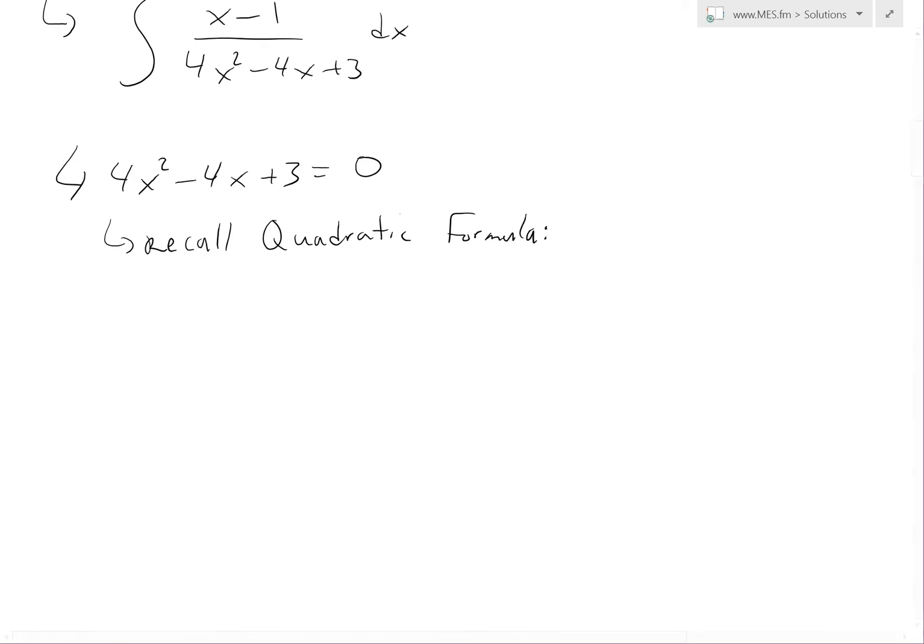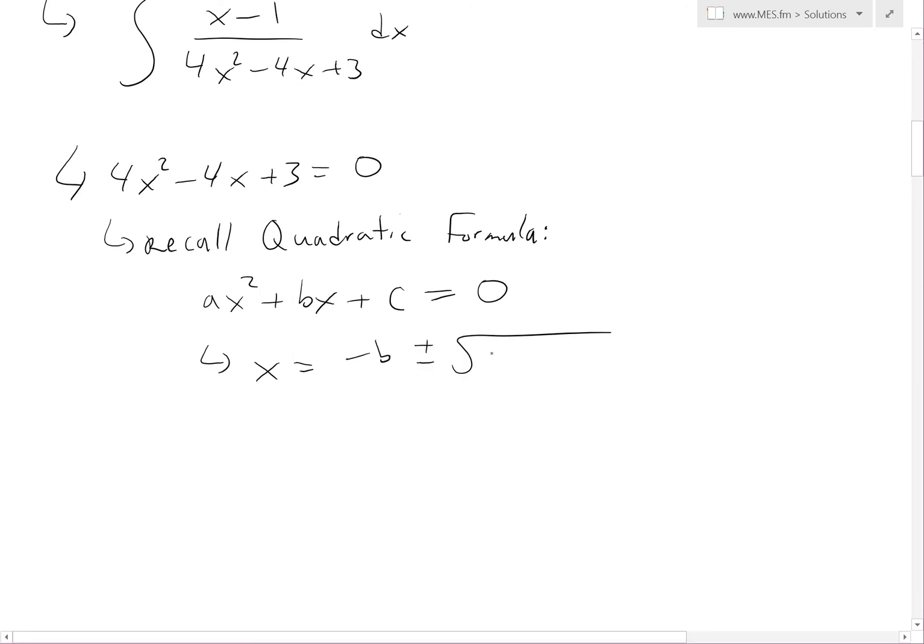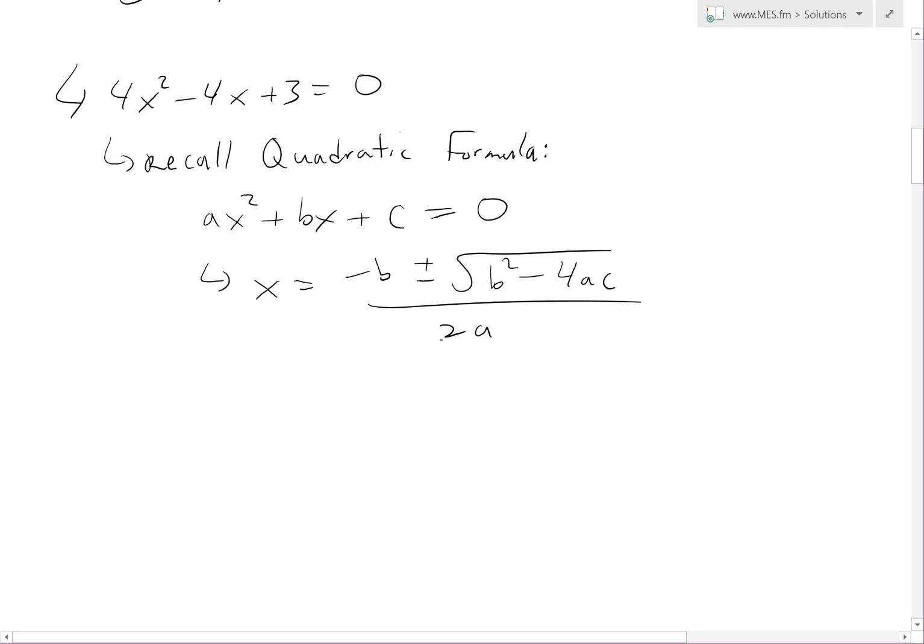If you have ax squared plus bx plus c equals 0, then the roots are x equals negative b plus or minus the square root of b squared minus 4ac, all divided by 2a. So these are the roots, and to be able to factor it, we need to know the roots.